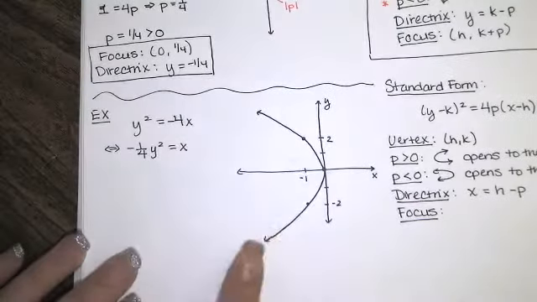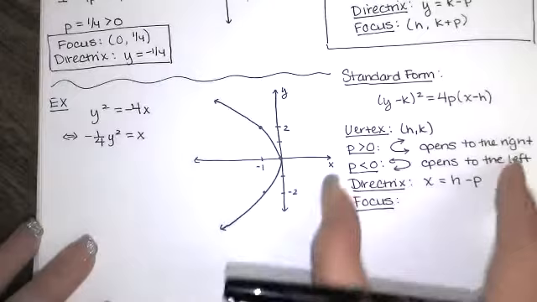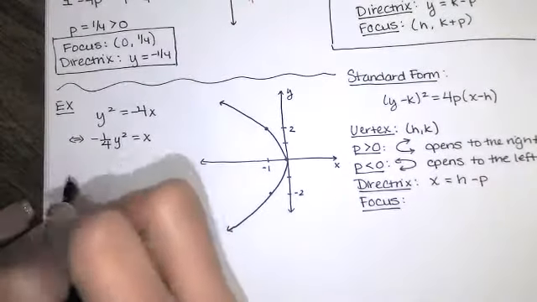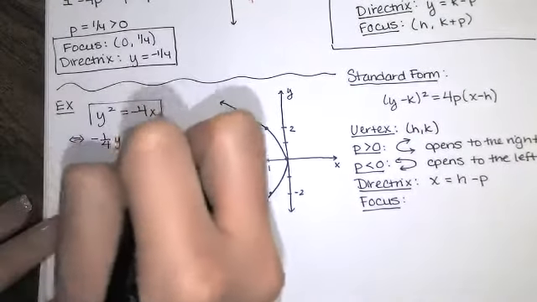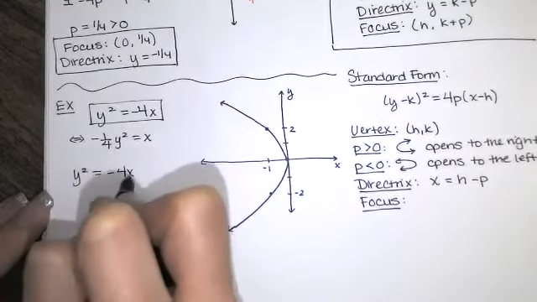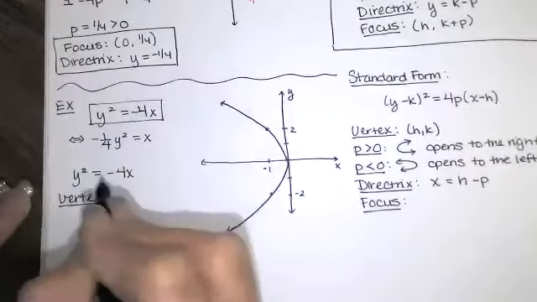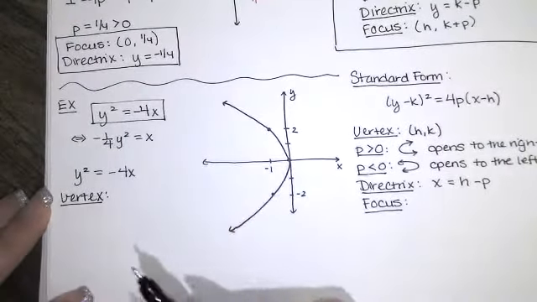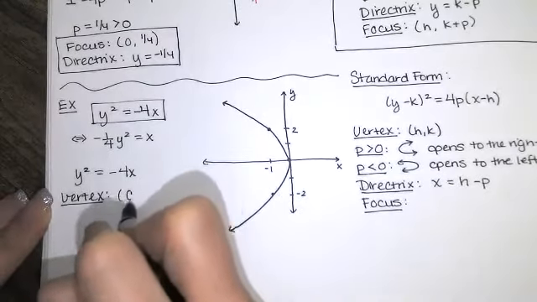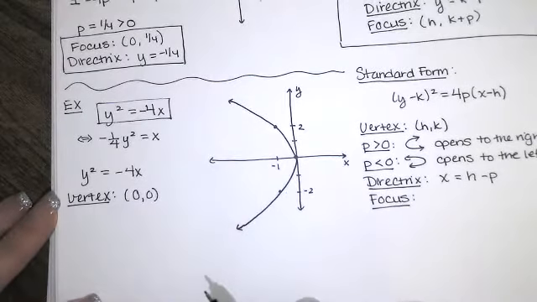Now, instead of using this method to sketch a parabola, let's use standard form to sketch this parabola. The first thing I'll do is look for my vertex. Well, I'm not subtracting anything from the x or the y. So the vertex is (0, 0), which is just what I would have gotten the other way.